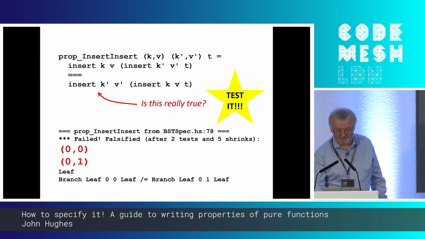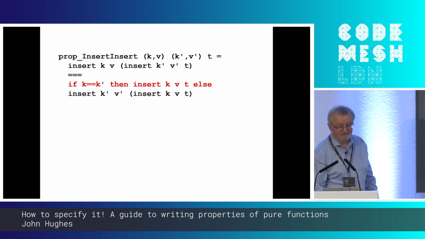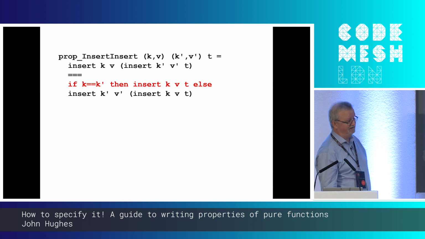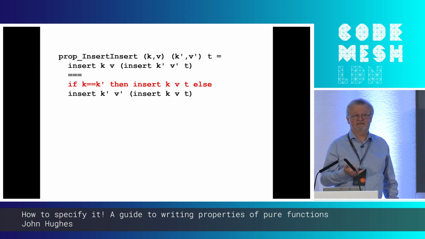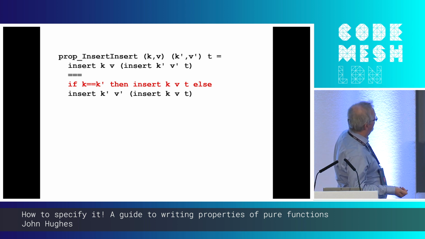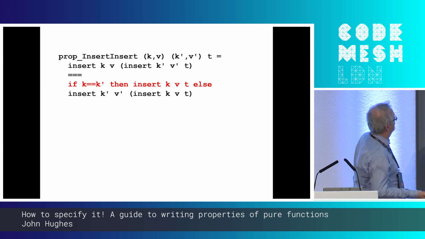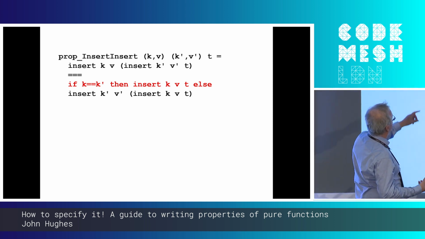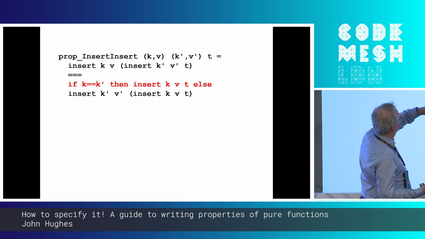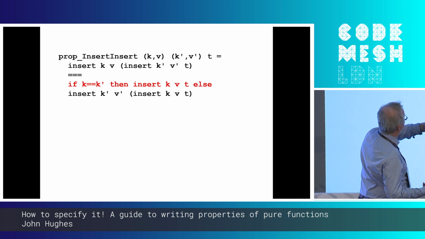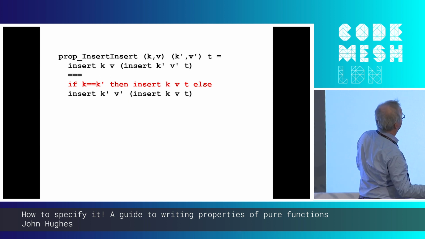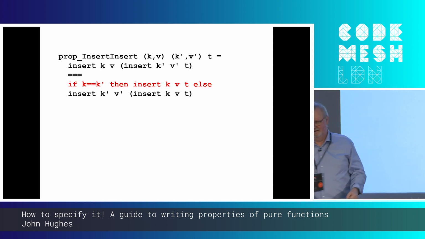But it's easy to cope with, right? So I can just modify my property to treat the case when the keys are equal as a special case. And in that case, what should I get? Well, in that case, modifying the input by putting a different value for k has no effect. So I should get the same result as just doing the second insertion.